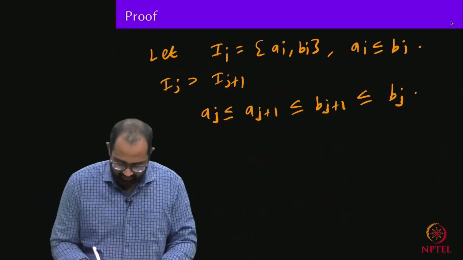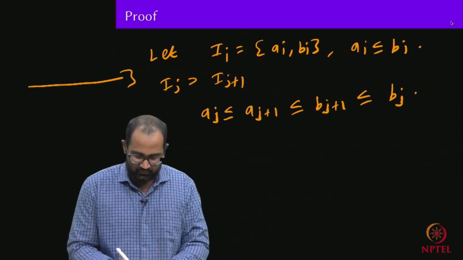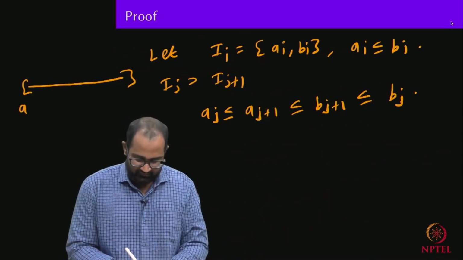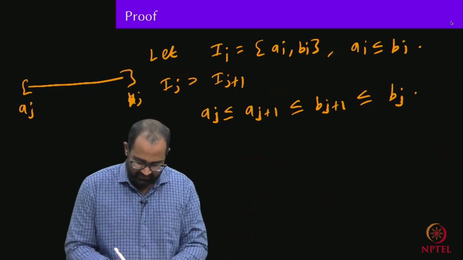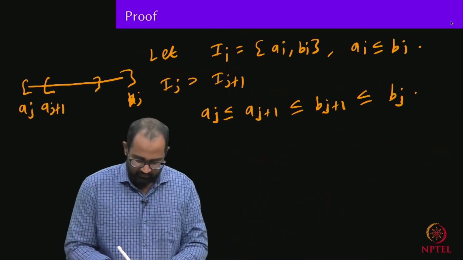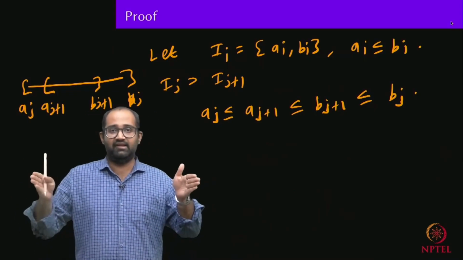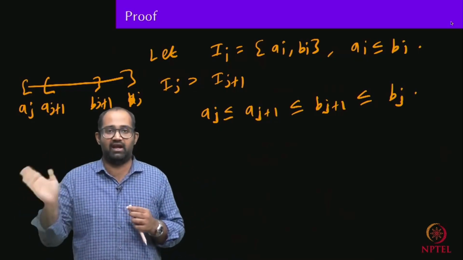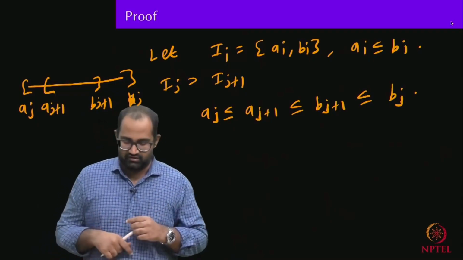If you draw a picture, if this is a_j and this is b_j, then a_{j+1} is here, and b_{j+1} has to be here. Necessarily a_{j+1} has to be to the right of a_j and b_{j+1} has to be to the left of b_j.